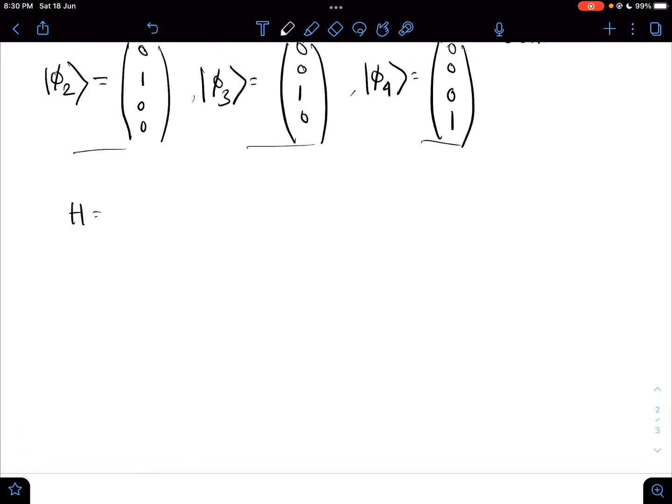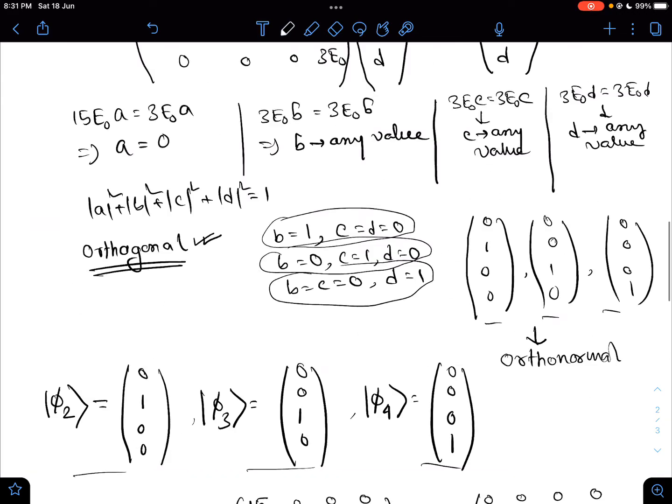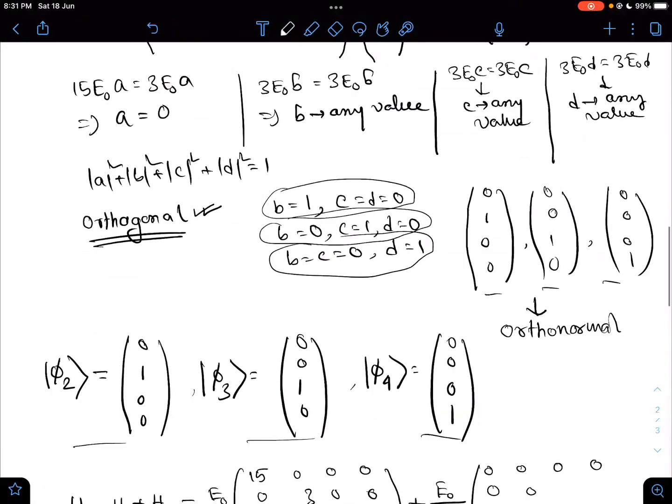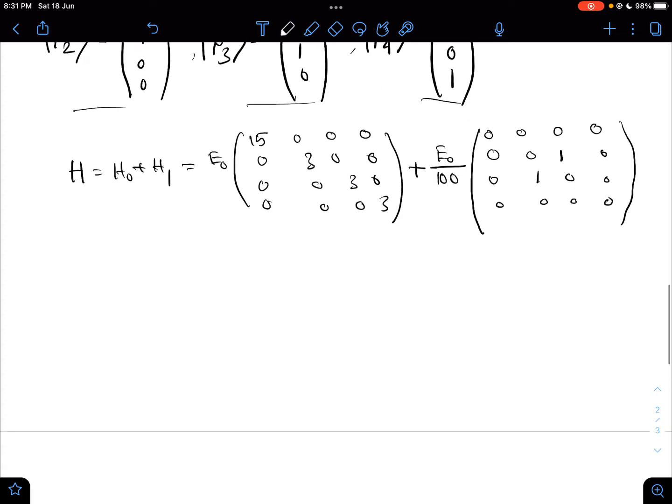So our total Hamiltonian is H0 plus H1, where H0 is E0 times 15, 0, 0, and so on, and we have our H1 to be E0 by 100 times a matrix with entries 1, 0, 0, 1, 0, 0 and 0, 0, 0, 0. So this is our total Hamiltonian.